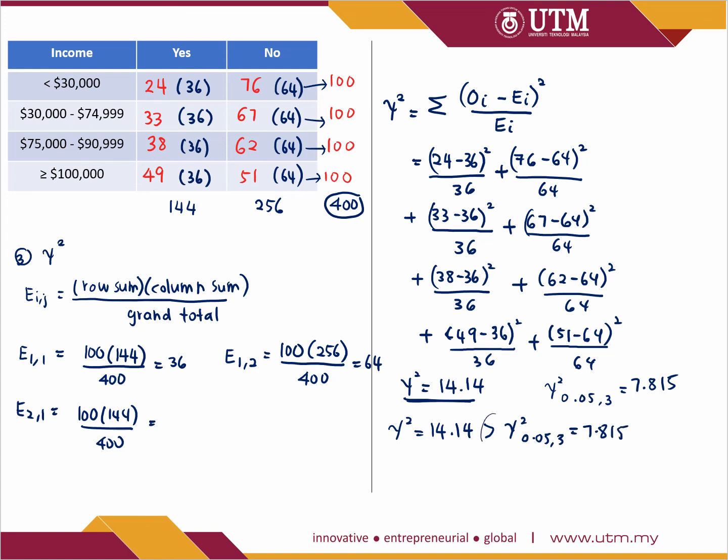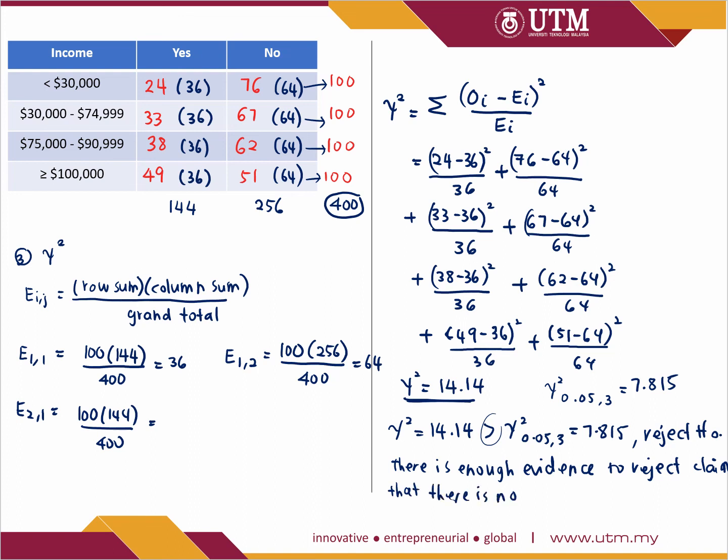Since it is greater, we have to reject H0, where there is enough evidence to reject the claim, where our claim is there is no difference in the proportion.